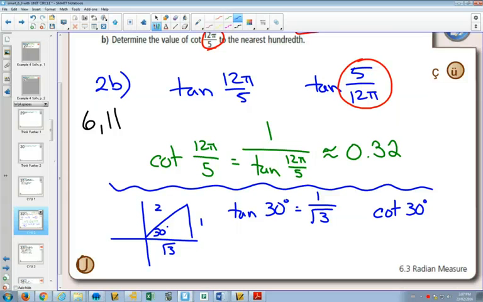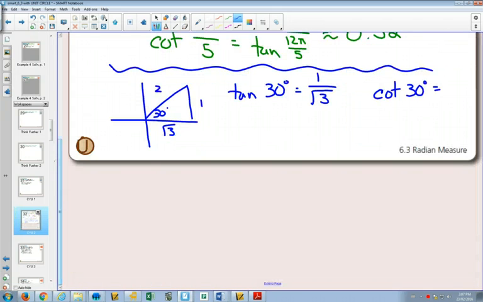Okay? This, it's going to be, so give myself a little bit more space here. Cotangent of 30 degrees is going to be 1 over tangent of 30 degrees, which is 1 over root 3.